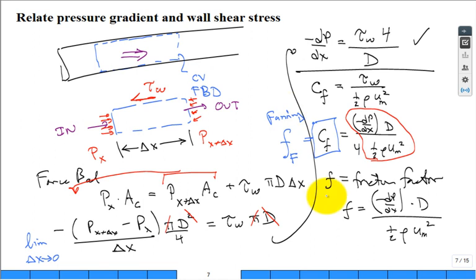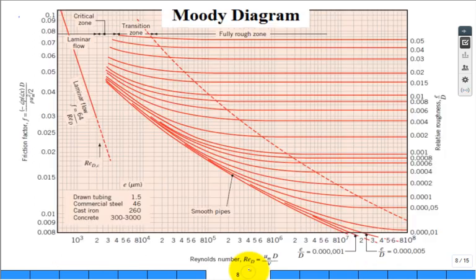Or they'll use the friction factor, sometimes called the Darcy friction factor, or the Darcy-Weisbach friction factor, so sometimes they'll have a D or a DW subscript on it. The big difference is that C sub F is equal to 1/4 the friction factor. With that, you go to the Moody diagram.